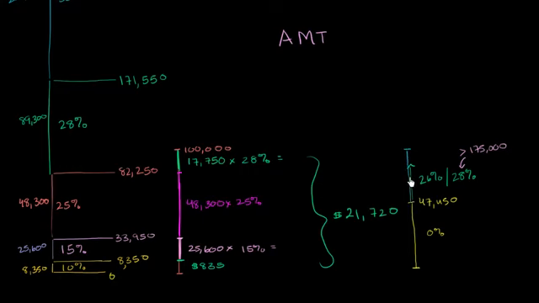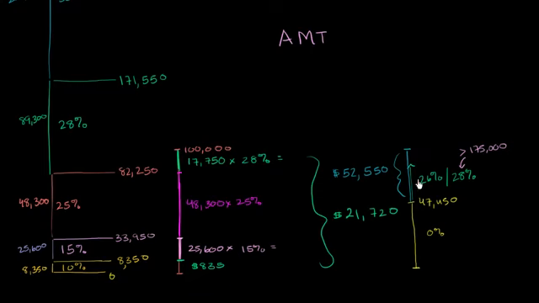So $100,000 minus $47,450 would be 52,550 if I did my math correctly.